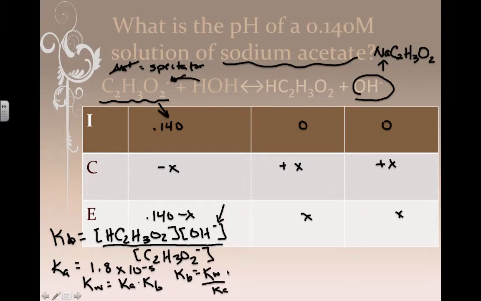So I would take 1.0 times 10 to the negative 14 divided by Ka of 1.8 times 10 to the negative 5. So Kb equals 5.56 times 10 to the minus 10.